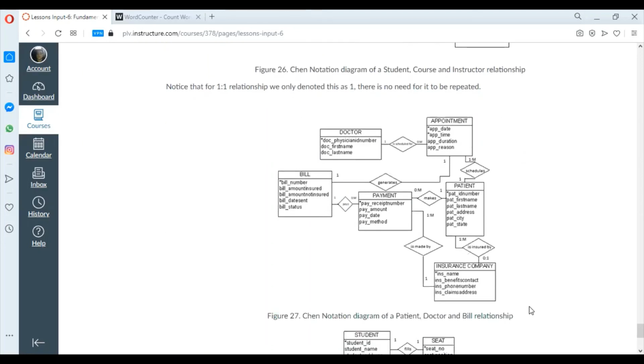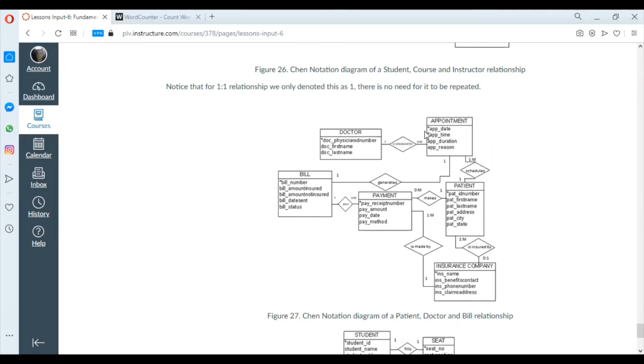So we have other examples here. Doctor, one doctor is scheduled for zero or many appointment. And as I have said, you could read the relation in reverse if you want to.